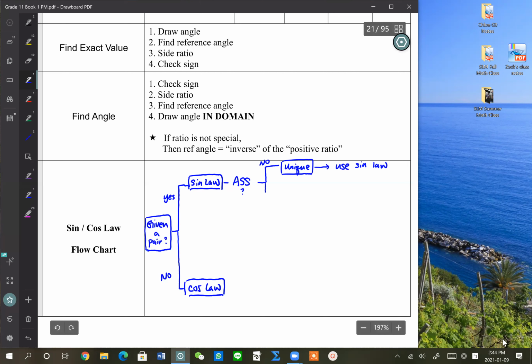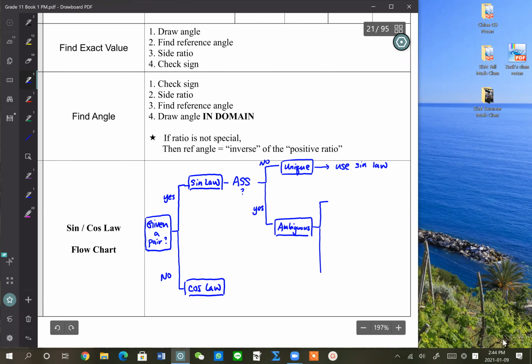But if you are given an S, so the answer is yes, then this is ambiguous. Ambiguous means we don't know how many triangles we have. However, we divide ambiguous into two categories.